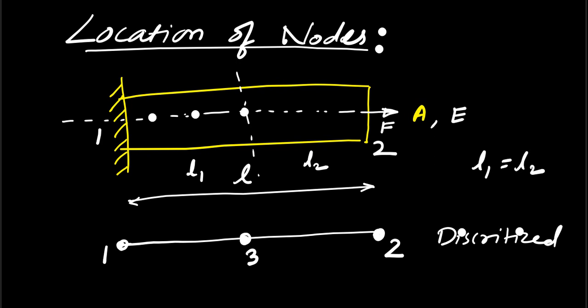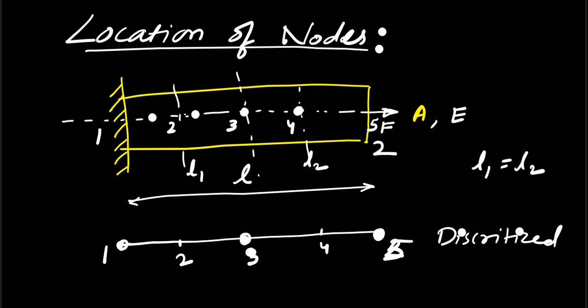Again, if you want to increase the number of divisions, let us divide this again into equal parts like this. So here it will be node 2, node 3, node 4, and finally node 5, like this. Here it will be 2, 3, 4, and 5. So the same element we have divided into 4 equal parts.